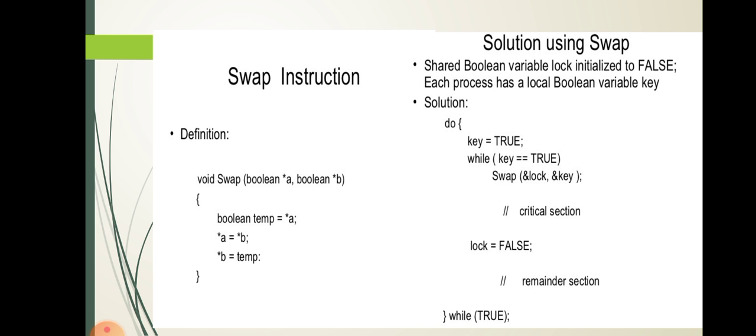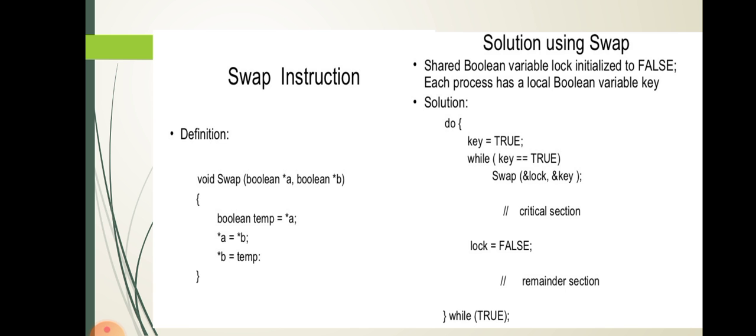On the right side, how the swap instruction is executed in the critical section problem. We have used two variables here, lock and key. Lock and key are going to be exchanged in the swap instruction, by using the pass by reference mechanism.